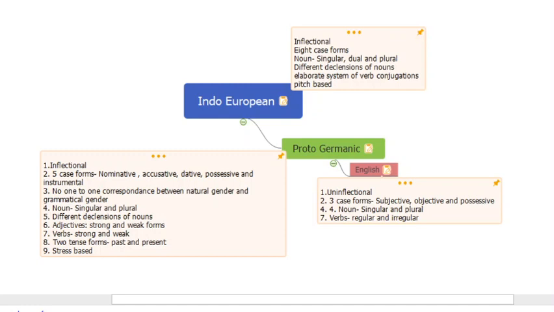So let's have a look at the second characteristic of the Proto-Germanic group. The parent Indo-European language had 8 case forms. However, the Proto-Germanic had only 5 case forms. Coming on to the English language, we have 3 case forms, which are subjective case form, objective case form, and the possessive case form.